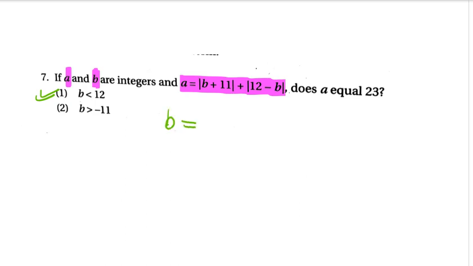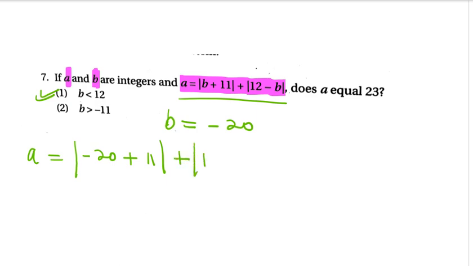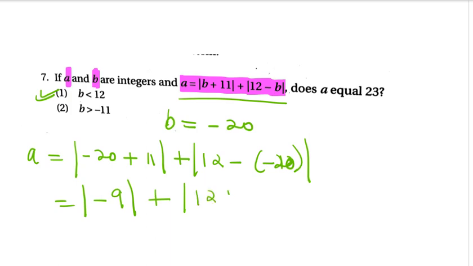Okay, let's take B is equal to minus 20 and check if this whole value is going to come 23 or not. So A will be equal to minus 20 plus 11 plus 12 minus minus 20. Correct? So that is minus 9 plus 12 plus 20, so that is 9 plus 32, which is 41.